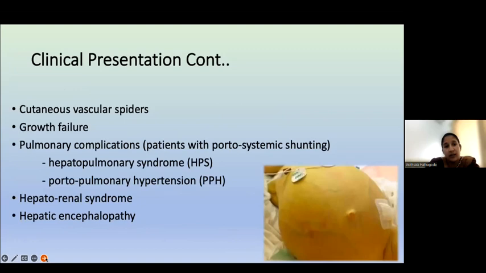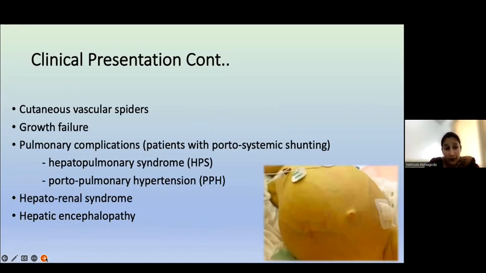Apart from that, they can present with cutaneous vascular spiders. As I mentioned before, when there is back pressure and increased flow, your blood flow will be directed to other routes. So cutaneous vascular spiders is one of the presentations in children.